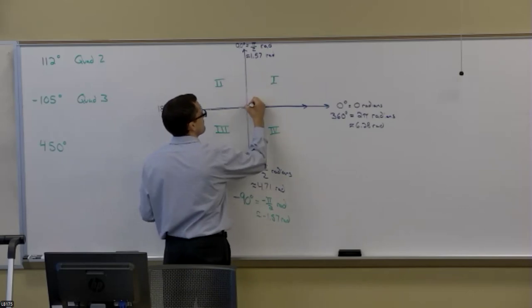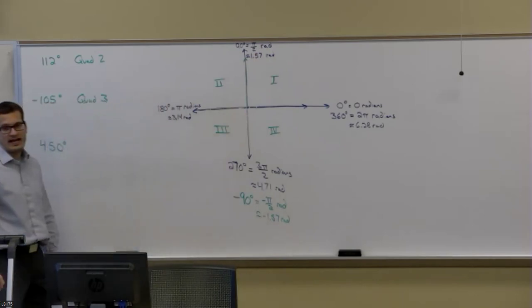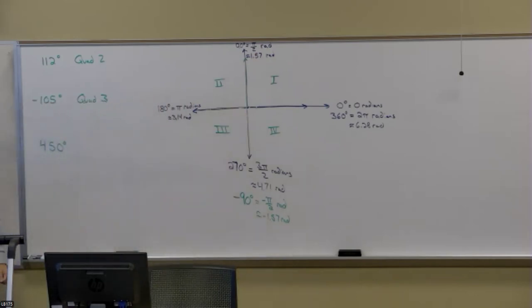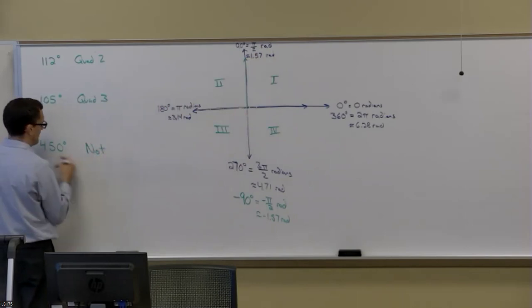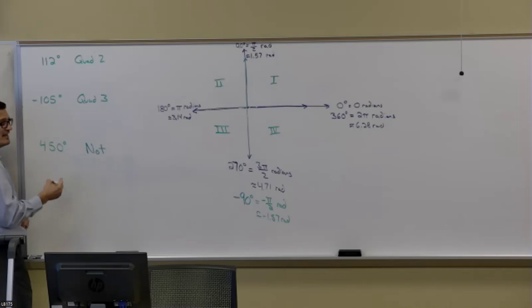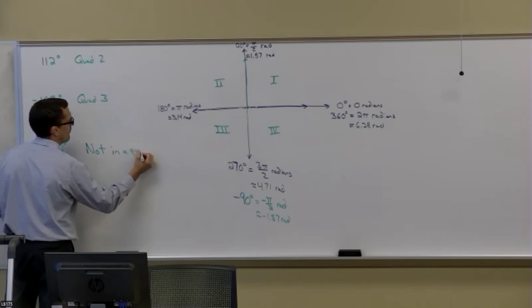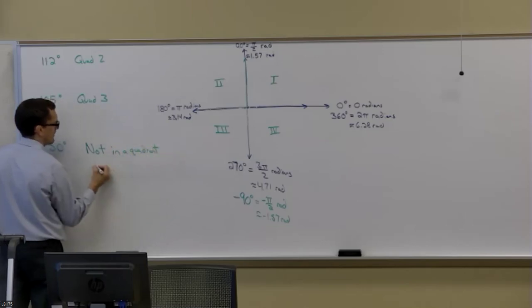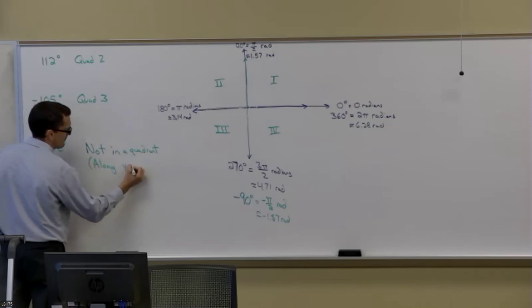So my terminal side is going to be exactly along the y-axis. When our terminal side is in between quadrants, we say that this 450 degrees has a terminal side that's not in a quadrant, since it's along one of the axes, in this case, the y-axis.